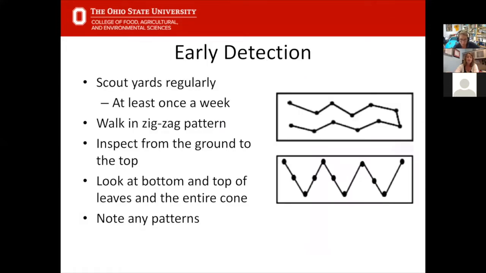Okay, so you've started your hop yard with what you believe to be virus and viroid free planting material. So the next step then is to be scouting. And early detection is really critical because, again, you're handling the hop plant so much through the production year that it's very easy to have mechanical transmission. So you want to scout your yards regularly, at least once a week.